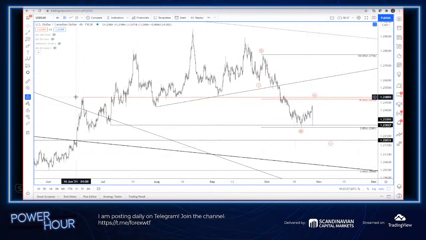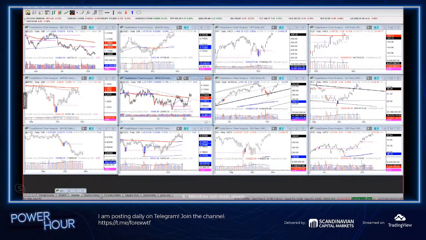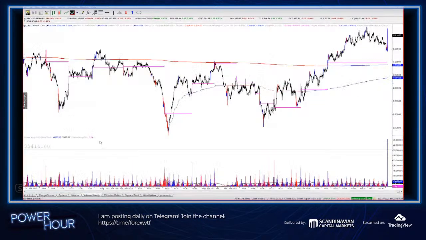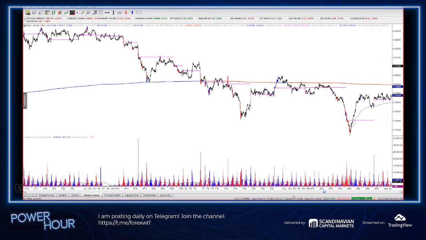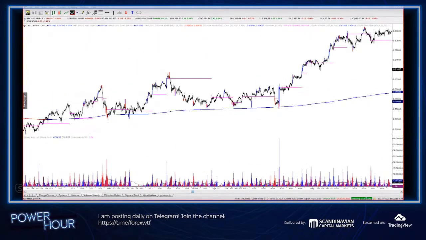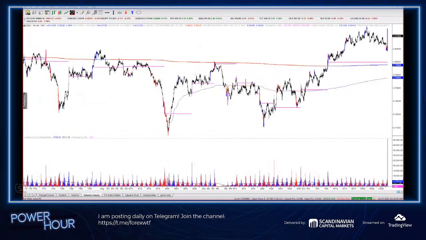Something I will mention today is to pay attention to price action over the next day, because we just had the biggest, this is an hourly chart of CAD futures, we just had the biggest 1 hour volume since, oh man, it's even more than that.